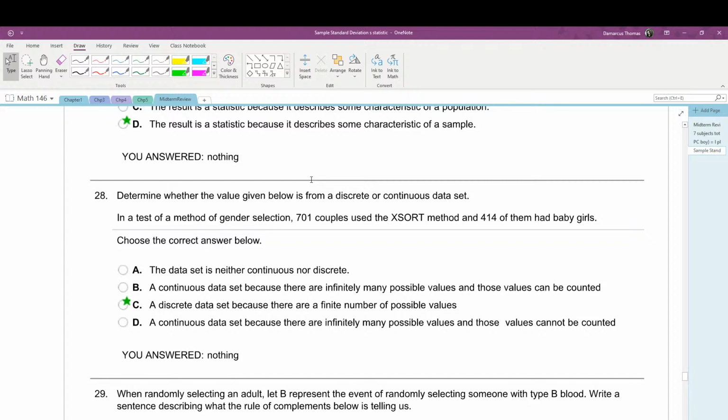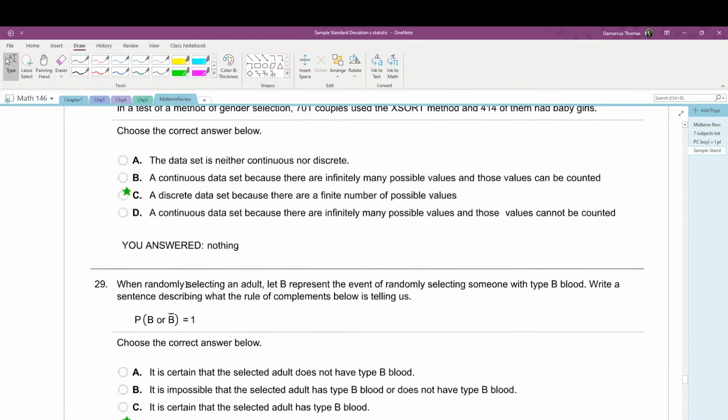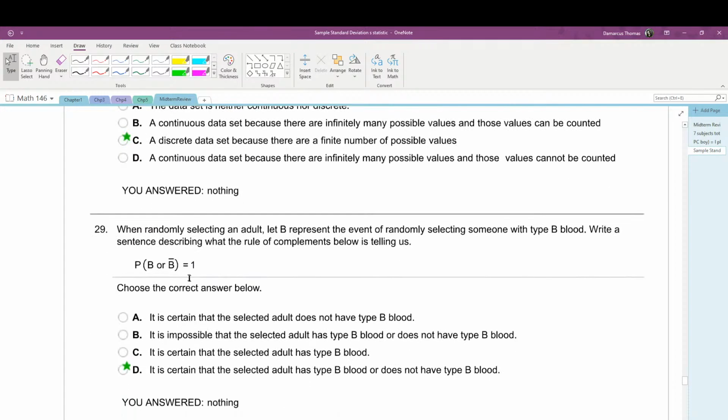Both discrete and continuous are numerical, but there is a big difference. Discrete is a whole number, continuous is not. 701 couples used the XOR method, and 414 of them had baby girls. That's discrete.